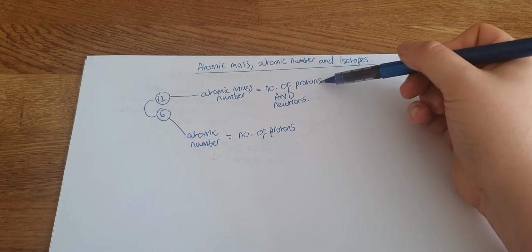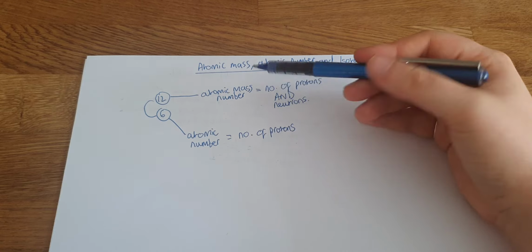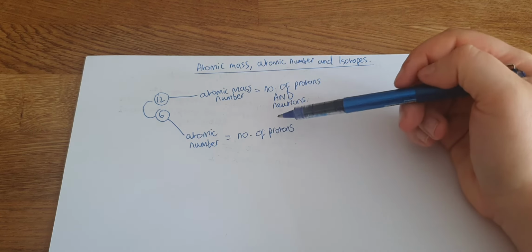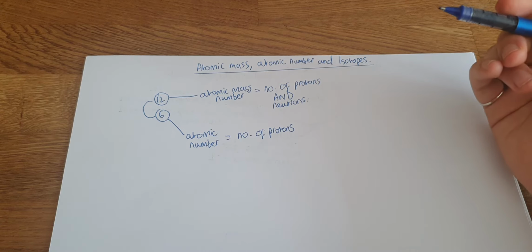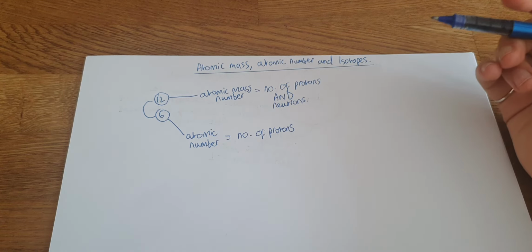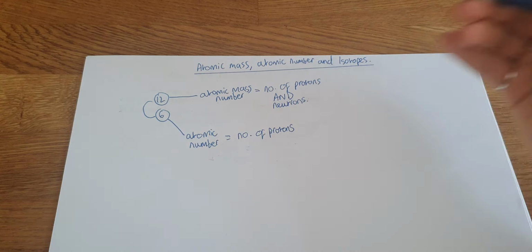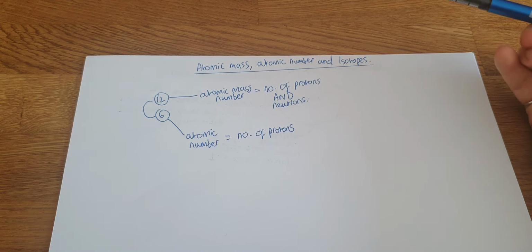We already know how many protons there are from the atomic number. So there's 6 protons. So if 6 of this 12 are protons, how many can be the neutrons? Well, 6 as well. It's not always quite as nice as that, but in this case, 6 protons and 6 neutrons. Okay, so that's what they tell you.